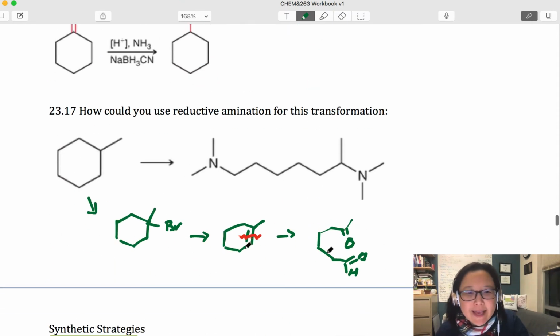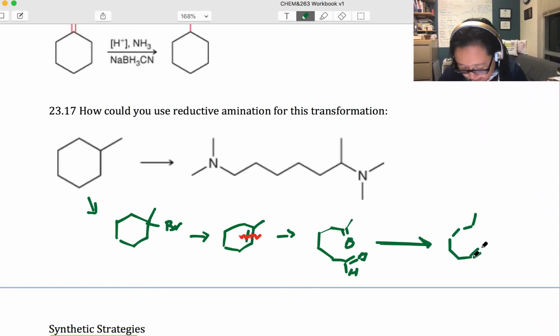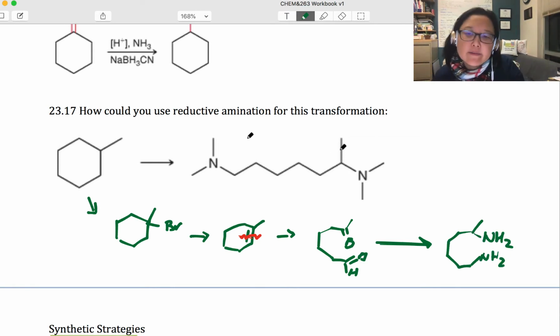Okay, so to do that, we get aldehyde or ketone, and then we do our reductive amination right here. Okay, so I'm going to do an imine, but then those imines can get reduced, so I'm just going to get rid of the pi bonds. All right, now once I have that, notice this methyl group is this methyl group. And then last thing I need to do is get methyl groups onto these nitrogens, right?